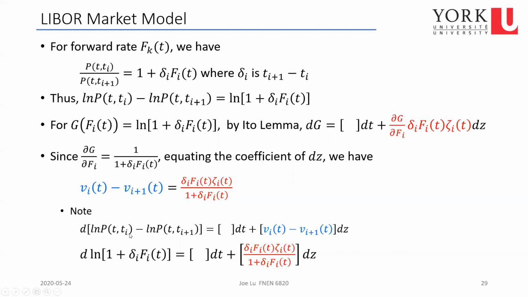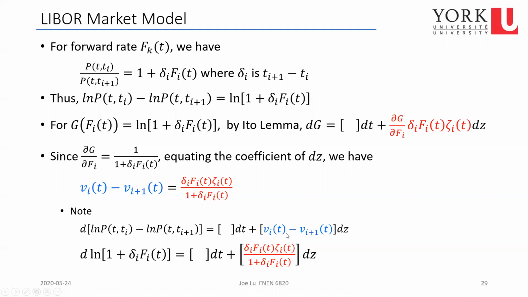So this v_i is the volatility for the price dP(t, T_i), and v_{i+1}(t) is the volatility for dP(t, T_{i+1}). So dP will be r P dt plus v_{i+1}(t) P(t, T_{i+1}) dz. So basically, this part is just this.